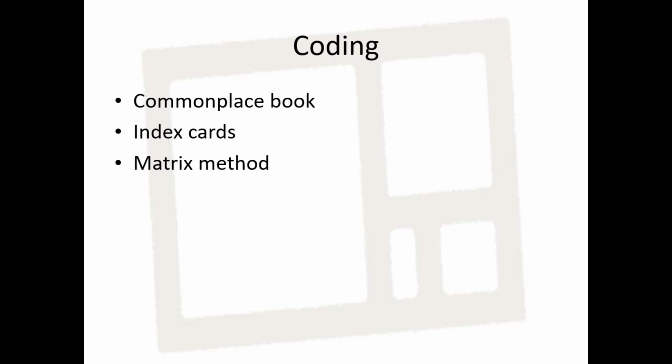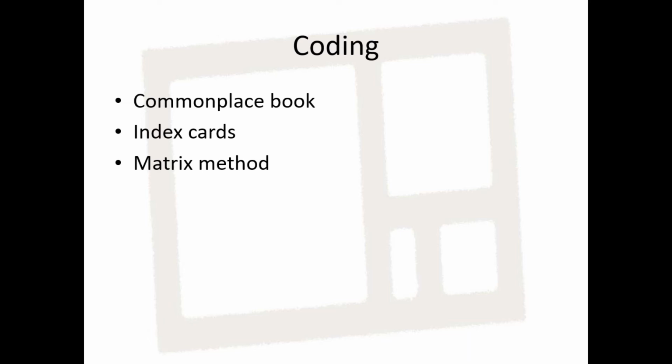Index cards are good because you can lay them out on the table and rearrange them at the analysis phase. You can include a Word template or an Excel spreadsheet. I personally use an Excel spreadsheet because I like the sorting functions on it, and the filter functions, because then I can filter out when I'm focusing in on particular topics.